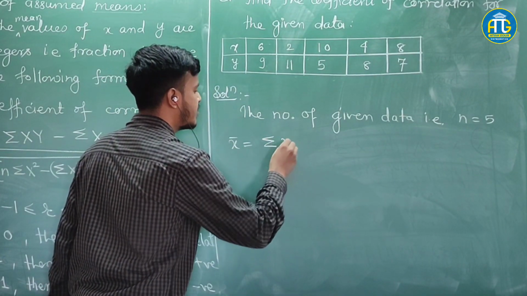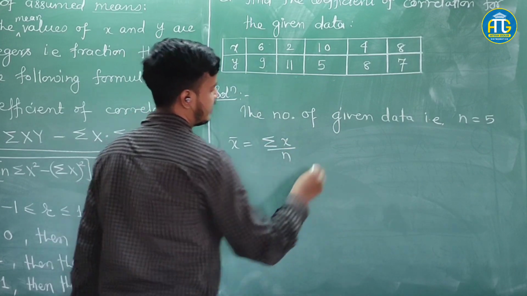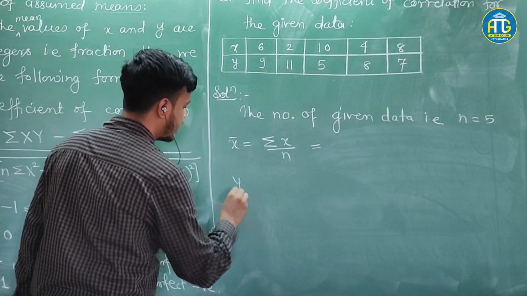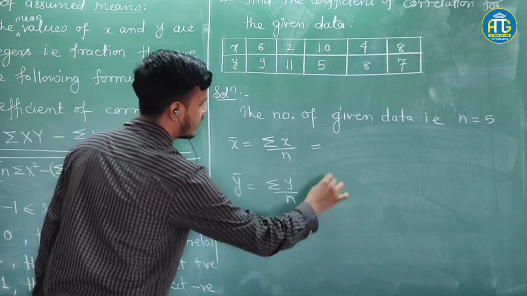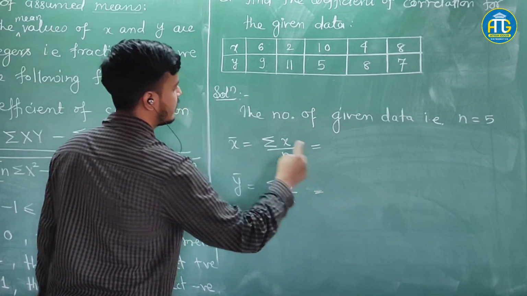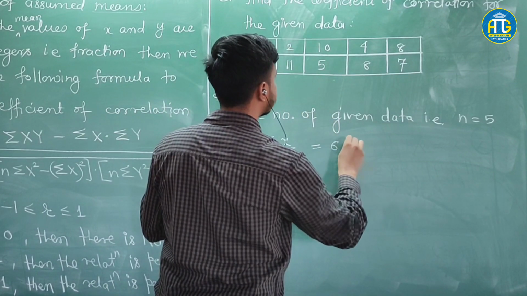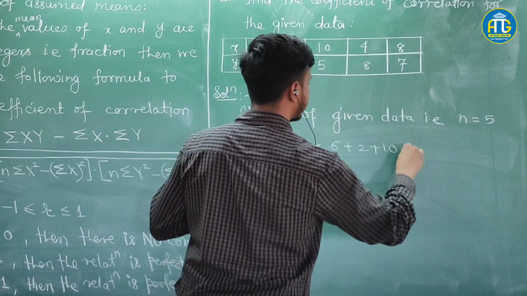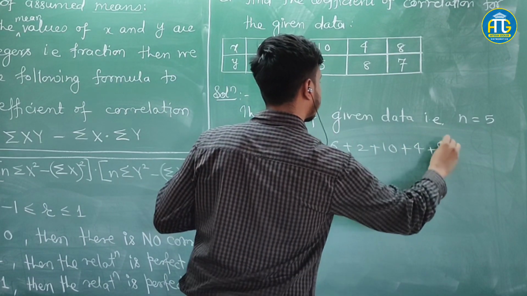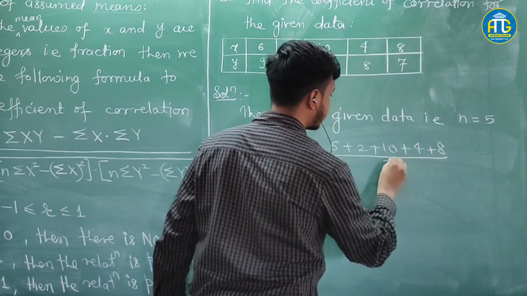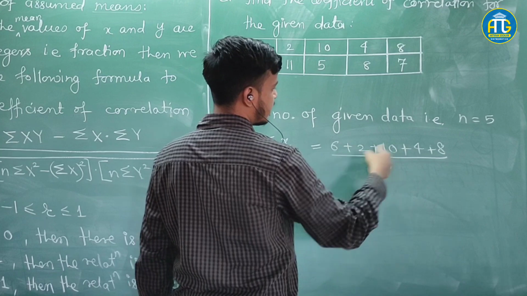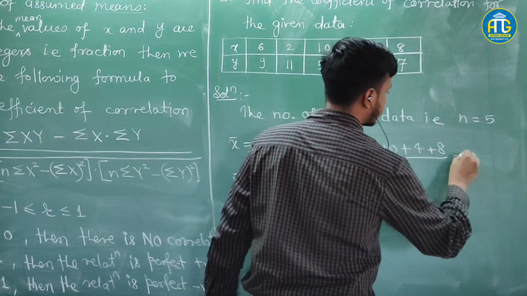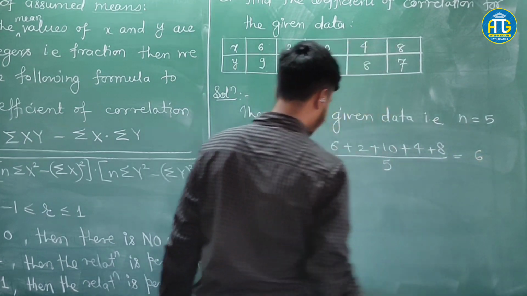X bar is summation x by n. Y bar is summation y by n. What is the sum of x? 6 plus 2 plus 10 plus 4 plus 8, divided by n, which is 5. This sum is 30, so 30 by 5 is 6.